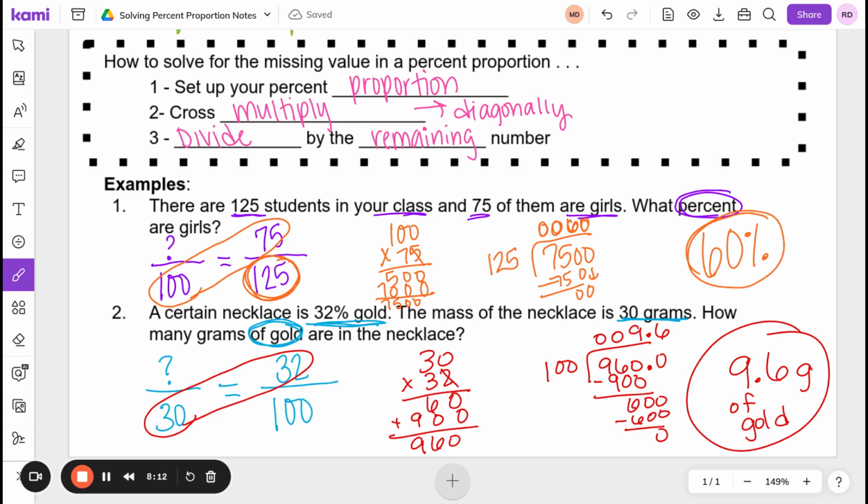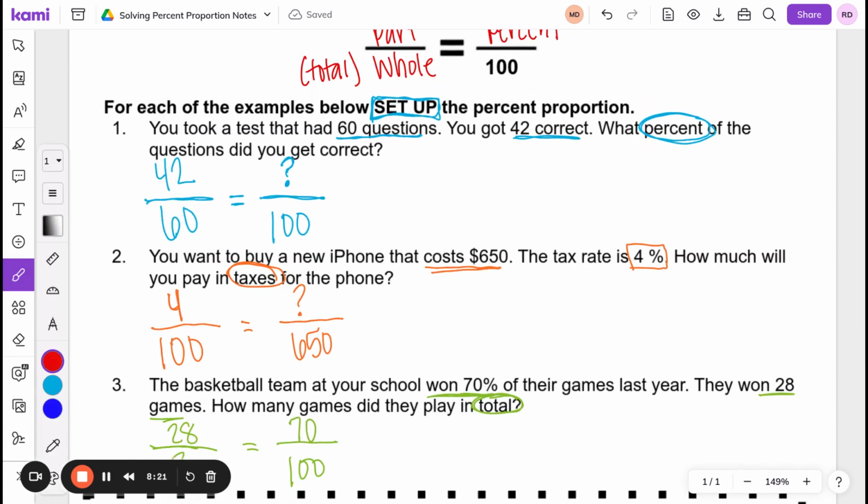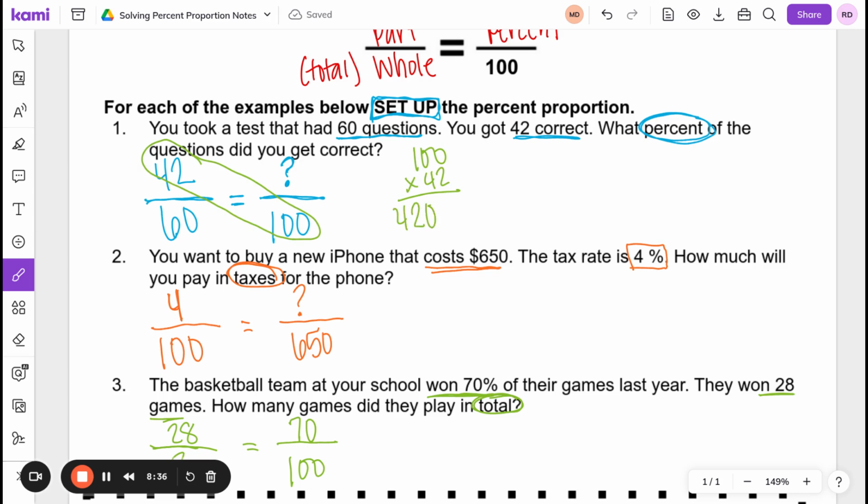So again, the trickiest part is the setup. Luckily, on the top of our notes, we've already done all the setup. So now we're just going to go back and do that cross multiply and divide to find all these missing numbers. So for the first problem about your grade on your test, when we cross multiply, we have 42 times 100. And that's 4,200.